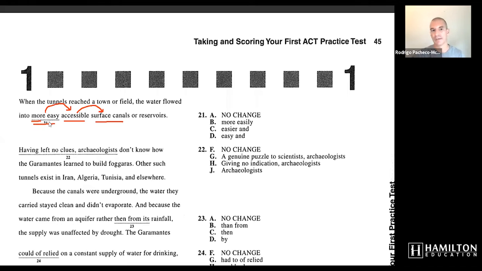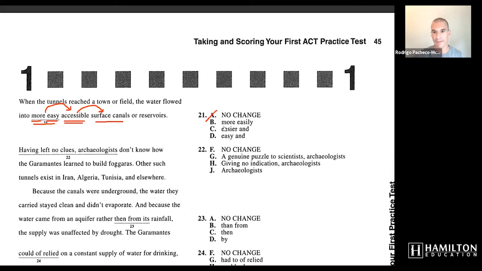There are actually a couple of issues with this answer choice. This is grammatically incorrect because the adjective easy has a comparative form, easier. But also, as I mentioned, we need an adverb that can modify accessible, and easy is an adjective. So we can eliminate A.